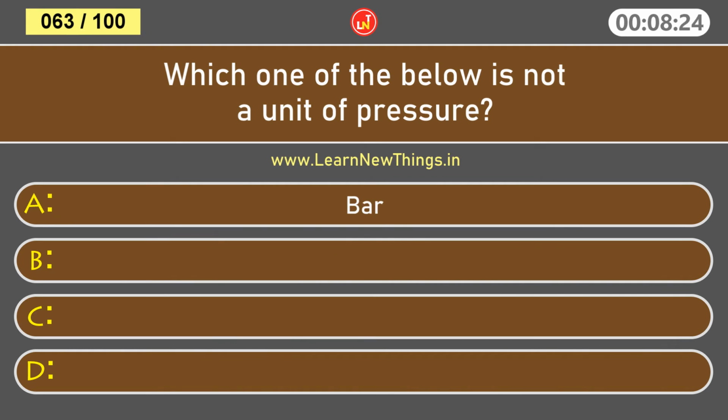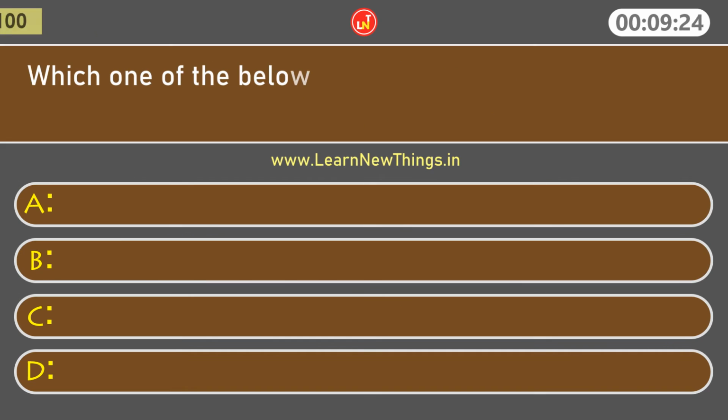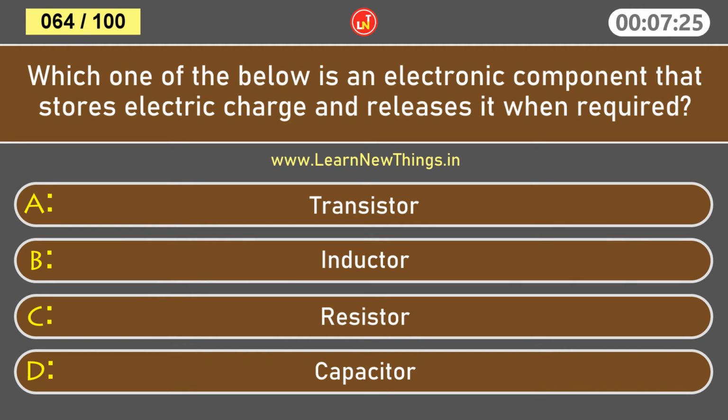Which one of the below is not a unit of pressure? Parsec. Which one of the below is an electronic component that stores electric charge and releases it when required? Capacitor.